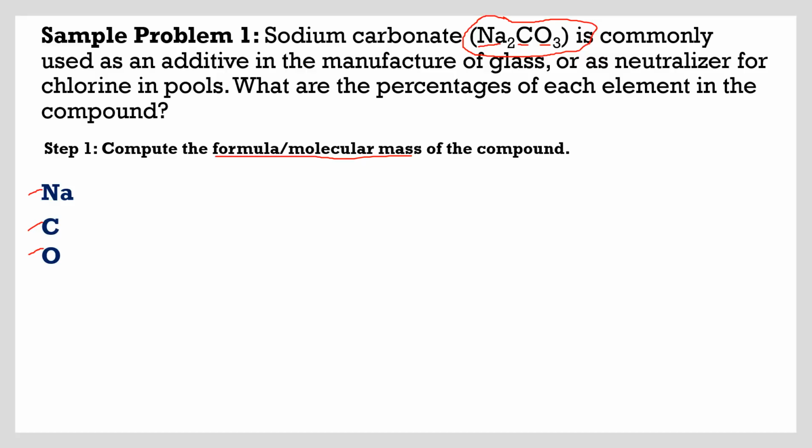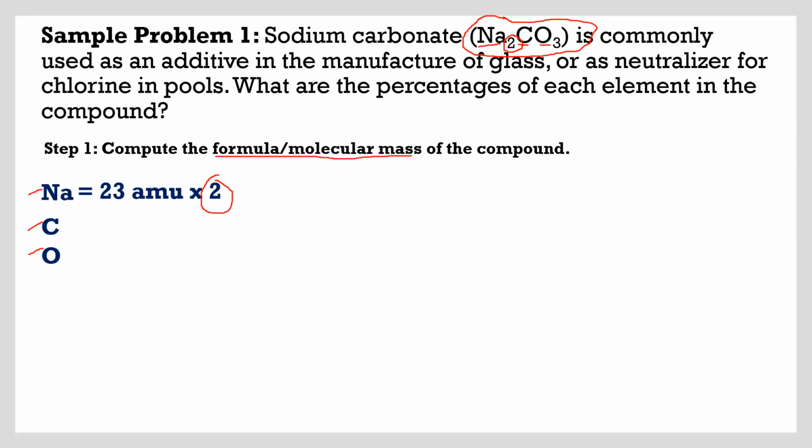Now take note, in percent composition, we are going to round the value of the atomic masses to the nearest whole number. So we are going to use whole numbers in computing for percent composition. So 22.98 will be 23 times 2. Why 2? Because there are 2 atoms of sodium based on its chemical formula.